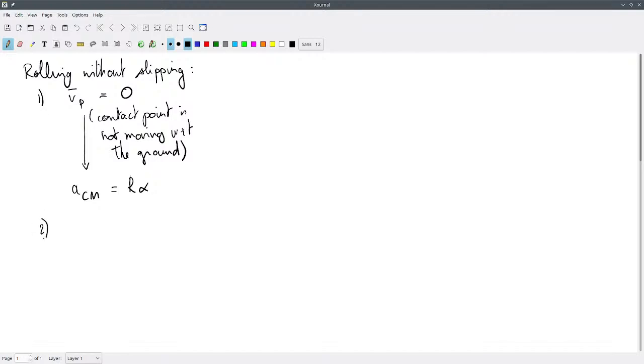The other thing we did is, since the velocity of the contact point is zero, we're in the case with static friction. And if we have static friction, then the force of static friction is as large as needed to maintain that static situation.